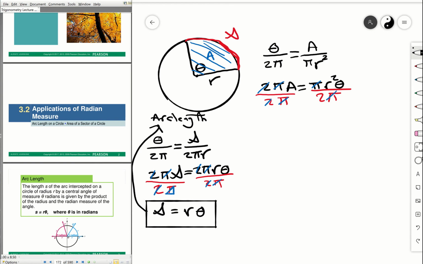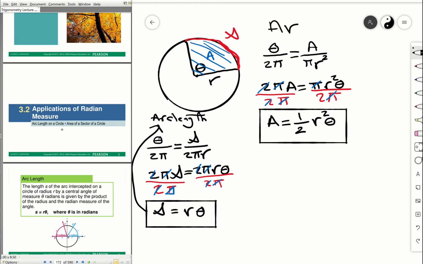So we end up with a equals 1/2 r squared theta. And that right there is the formula for the area of this sector. So on the left side, we derived the formula for arc length, and on the right side here, we derived the area of this sector.